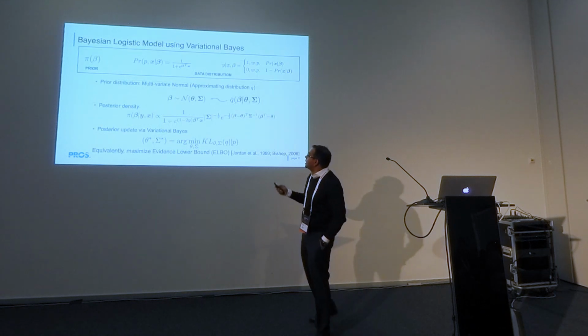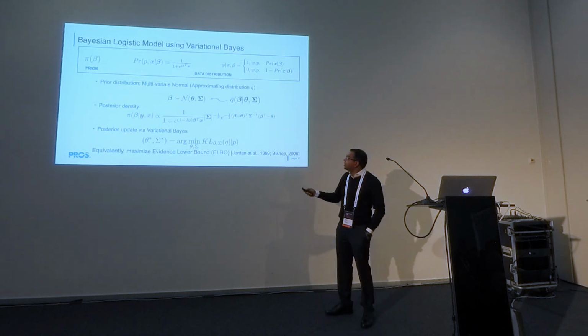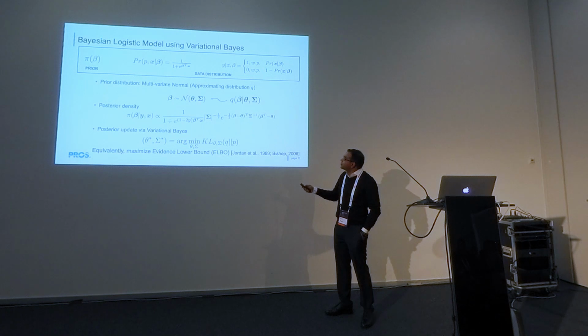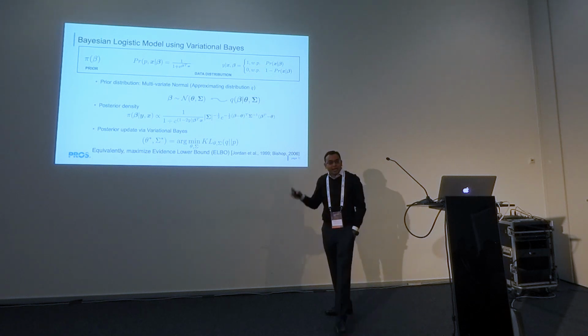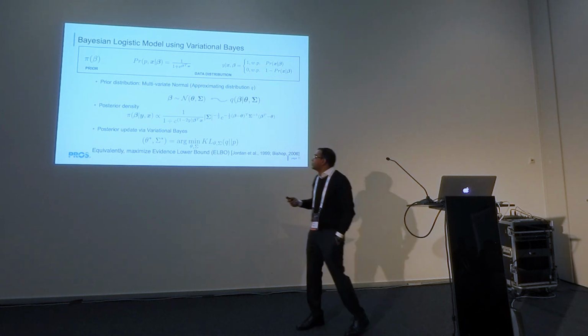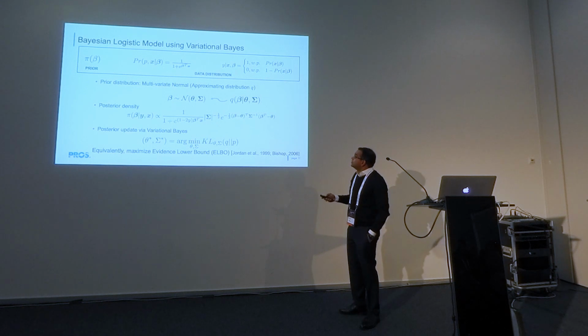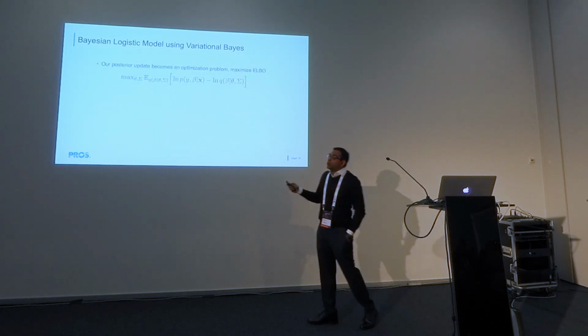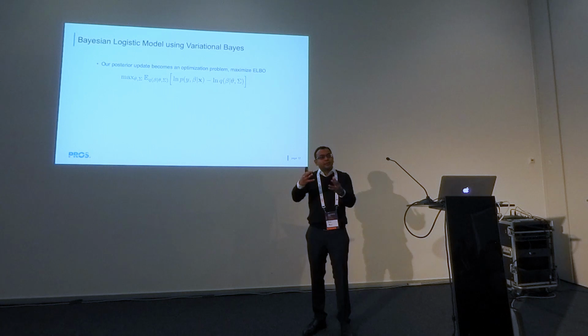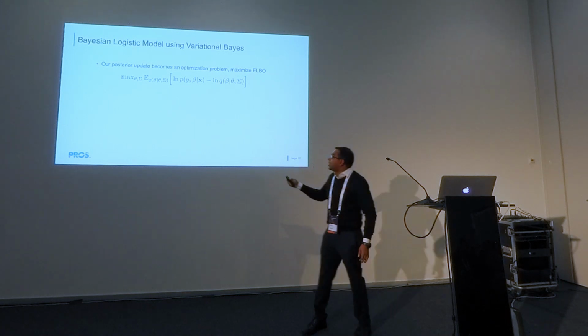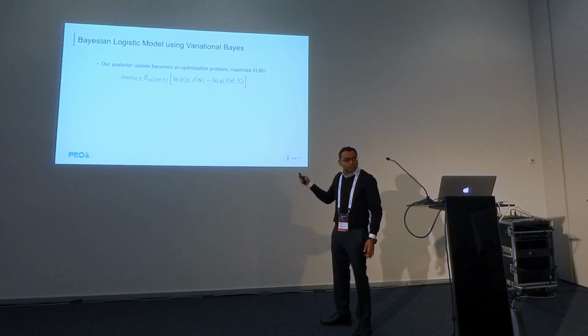In this particular case, we put a multivariate normal approximating distribution on our parameter beta. We didn't restrict our covariance matrix to be diagonal; it is a complete covariance matrix. The posterior updates were done using variational Bayes approaches. So our problem of updating posteriors has been converted into an optimization problem.